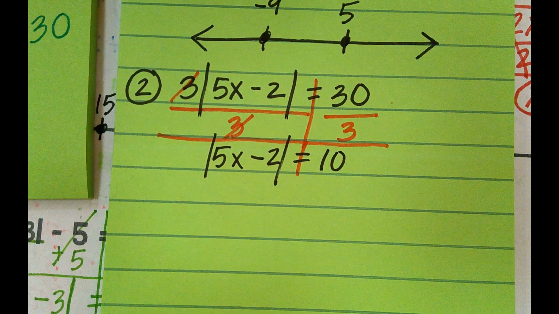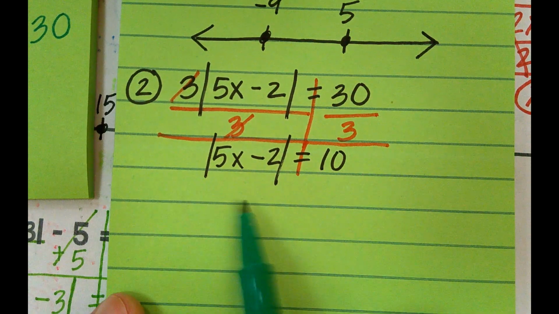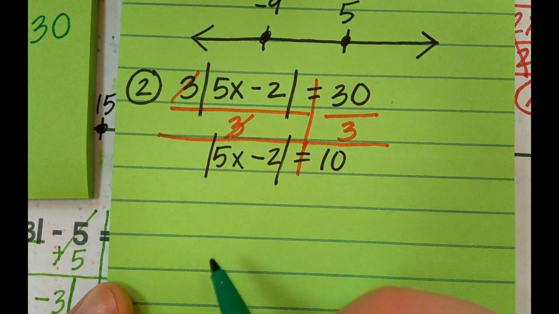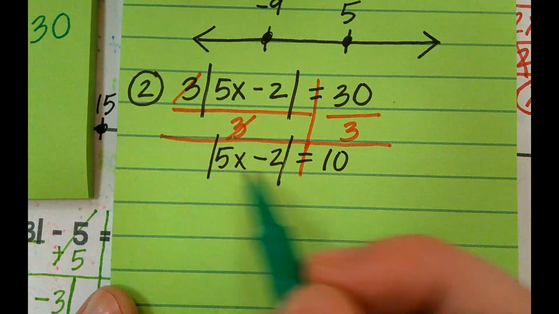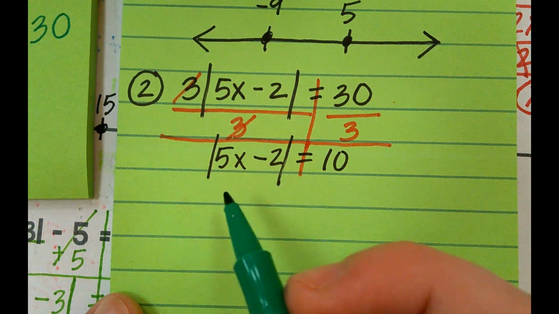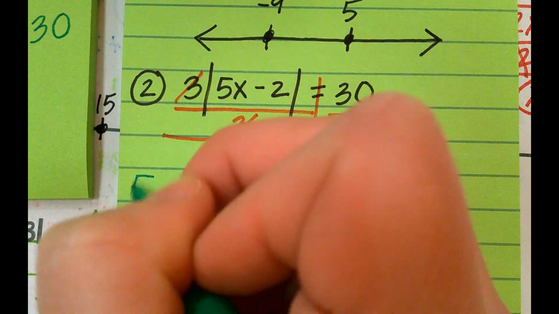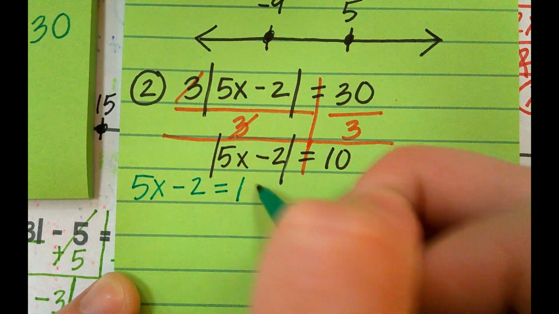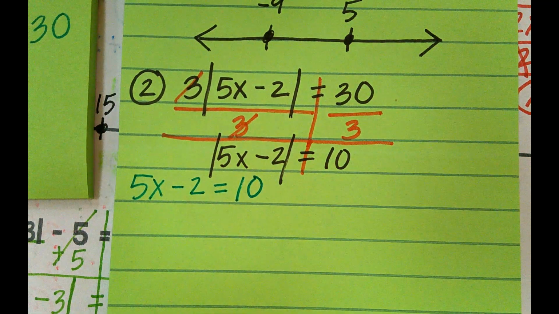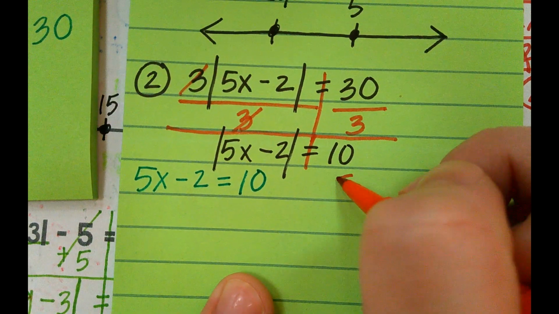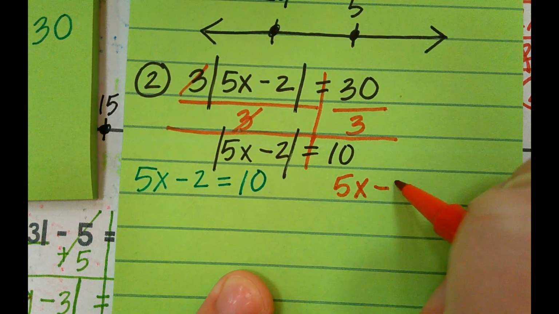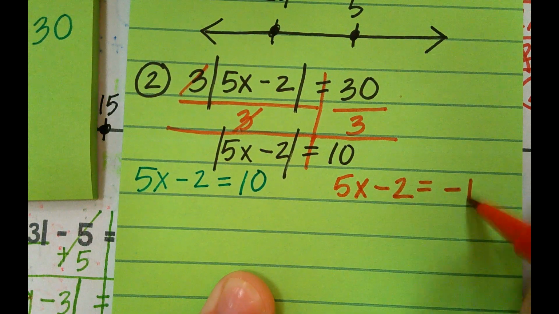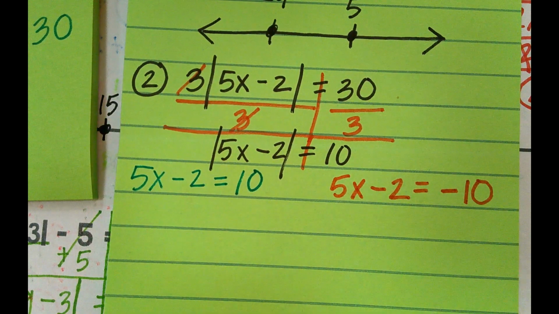And what am I writing for my positive 10 equation? No, you don't need the bars. Good. 5x minus 2 equals positive 10, and 5x minus 2 equals negative 10.